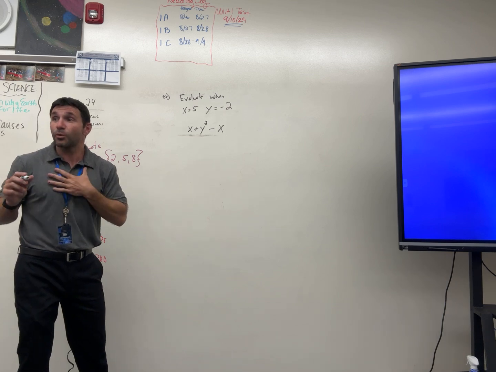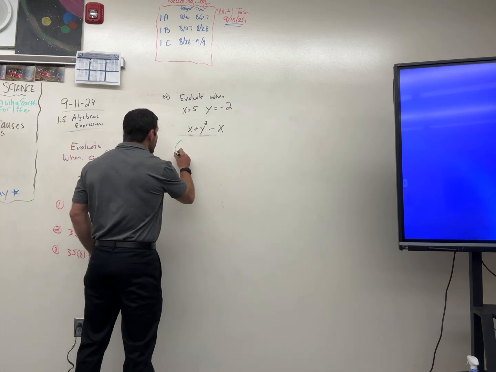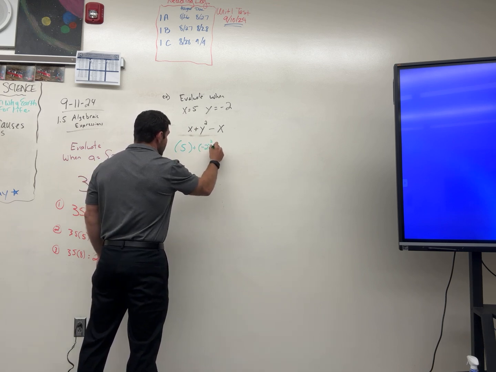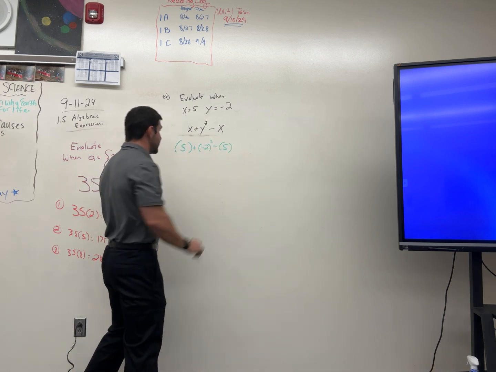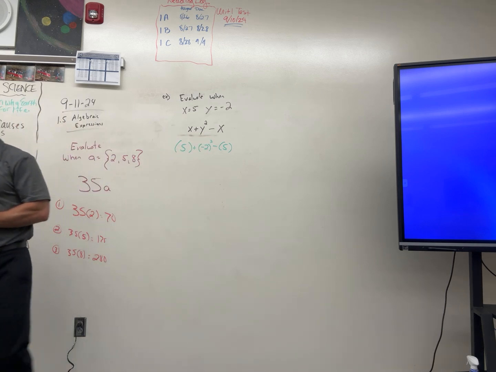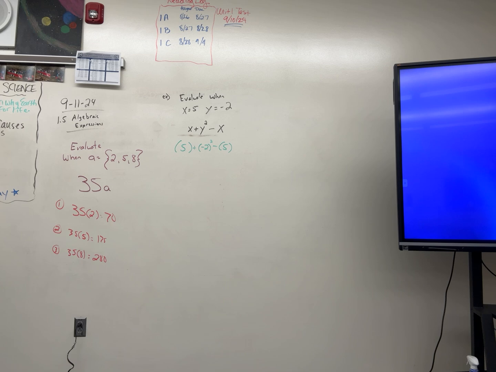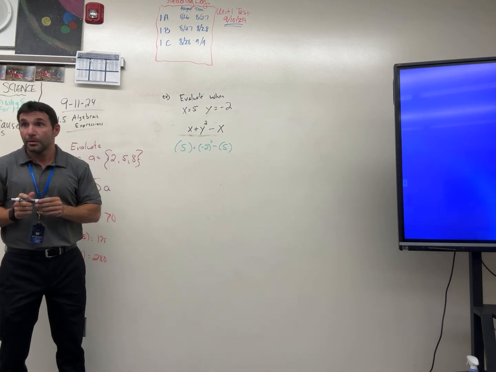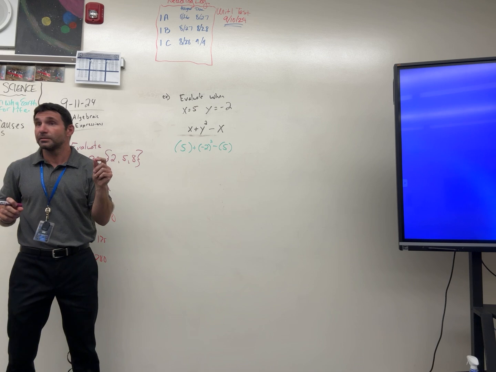Now, how do I do this? I always put my things in parentheses. And this is a habit that I want you to get into. 5 plus (-2) squared minus 5. Could you do that all in your calculator? Probably. This is why knowing how to do the order of operations is important. First step is to do the exponents. But look what it is. -2 is in parentheses.